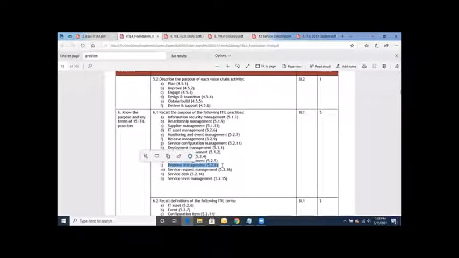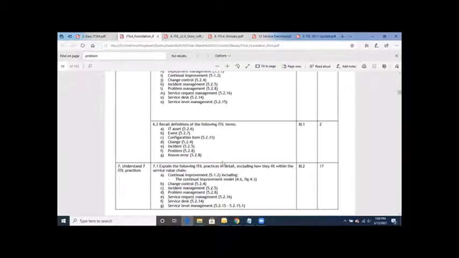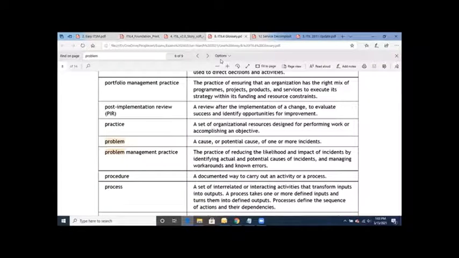Identifying the problems, their known root causes, and preventing the incidents which may result from those problems. Problem management. Service desk क्या करेगा जी? Single point of contact है. So all these purposes will give you 5 marks. Then comes up the definitions of these words. Again 2 number इधर से आ गए. Simple सी definitions है. इनको search करना होगा आपको glossary में जाके और definition निकालना होगा.